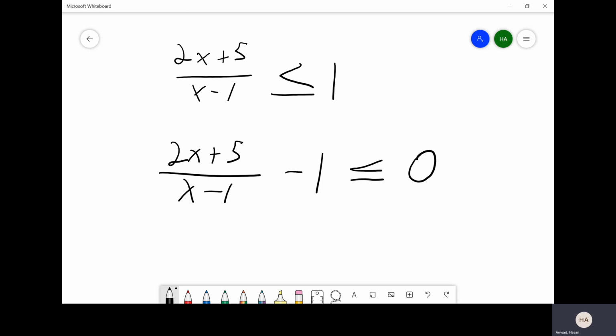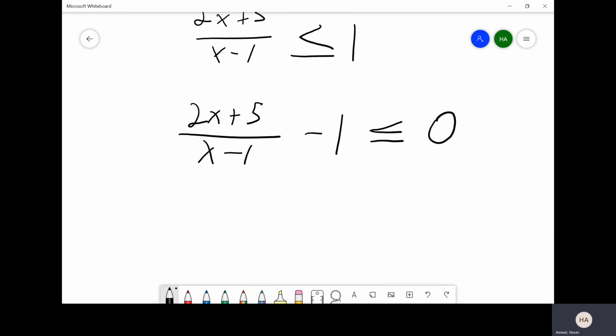Recall from the last 2 examples that we did, we knew what the intervals were going to be because our factors separated the intervals, right? Well, we aren't there yet because we don't have factors. This isn't factored. So I may have to make that -1 into a fraction, combine my fractions, and then I will have factors on the top and factors on the bottom. So let's go ahead and do that.